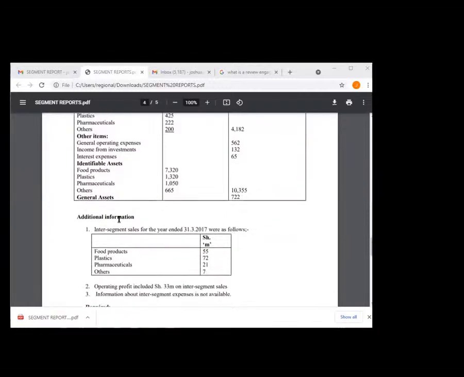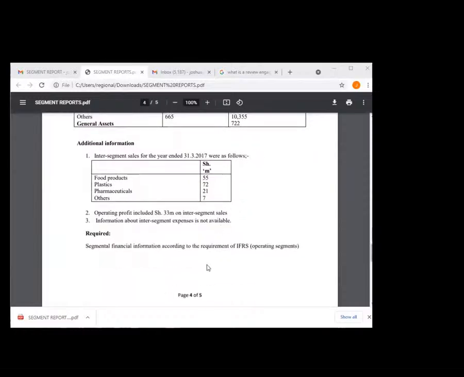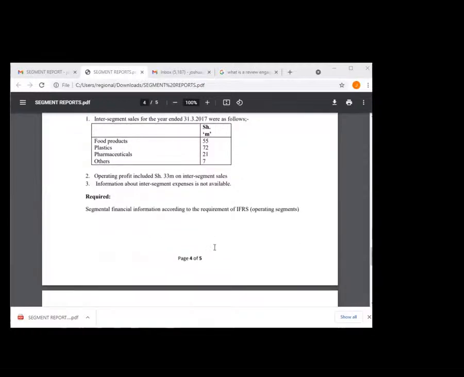Then they have given us additional information. Inter-segment sales for the year ended 31st March 2017 were as follows. And then number 2, operating profit included shillings 33 million on inter-segment sales. Information about inter-segment expenses is not available. Required: segmental financial information according to IFRS operating segments.